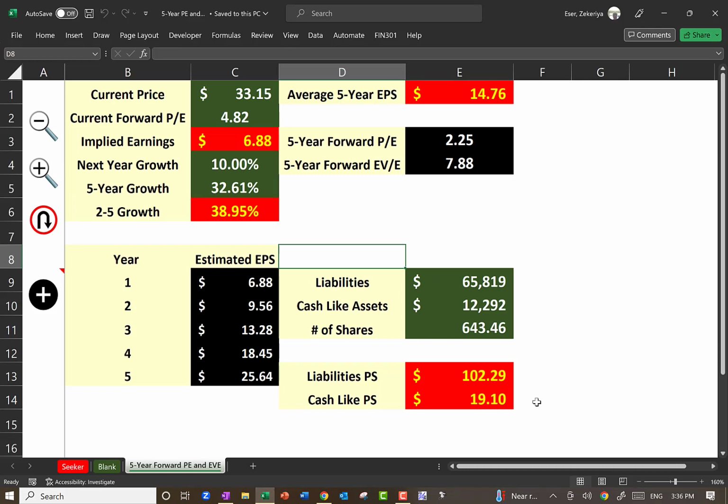I kind of improved the sheet we developed last time. This calculates 5-year forward PE and enterprise value over earnings.